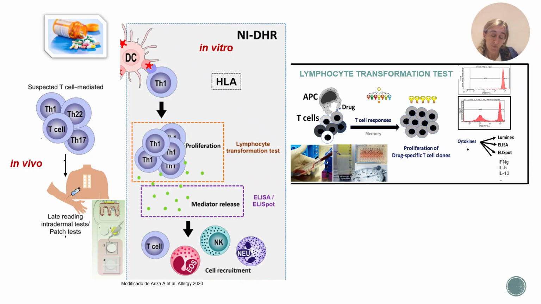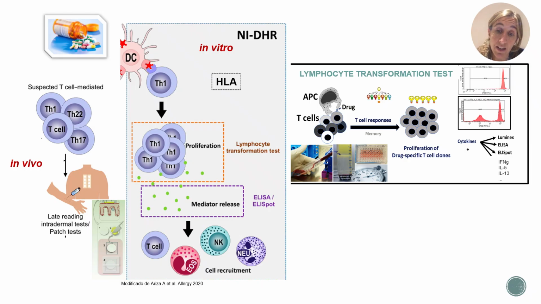So, what about the lymphocyte transformation test? We see that it's still highly specific, but the sensitivity can be really improved for some drugs. Here we have antigen presenting cells from whole blood. We obtain PBMCs, and we expose the PBMCs to the drug in cell culture for 5 to 7 to 10 days, depending on the protocol, in which we have the specific clone recognition and the proliferation of drug-specific T cell clones.